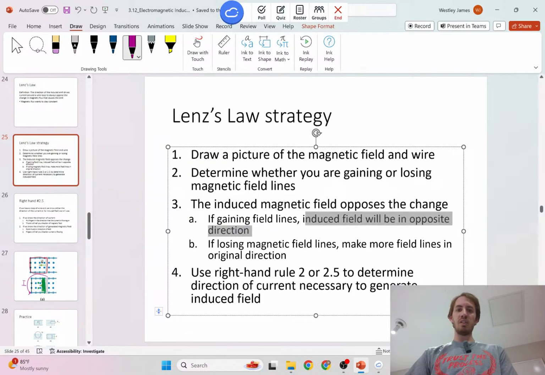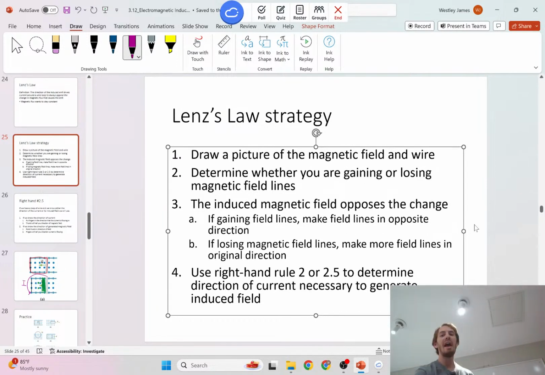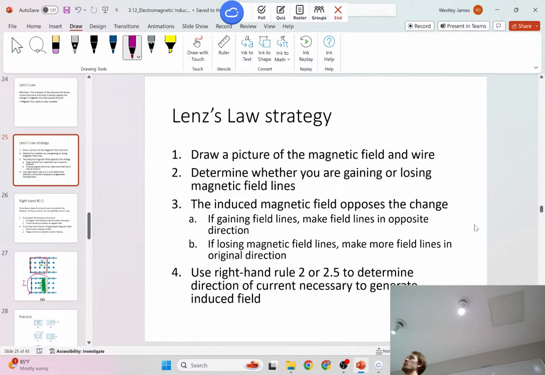If gaining field lines, make field lines in the opposite direction. Remember the mantra, everything in this boils down to oppose the change. Oppose the change. Oppose the change. We make a current to make a magnetic field to oppose the change.